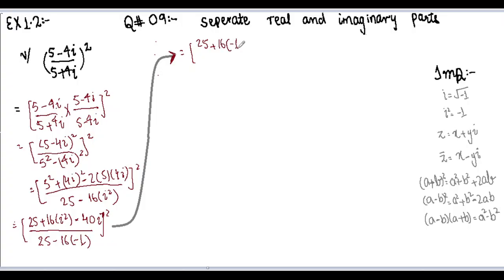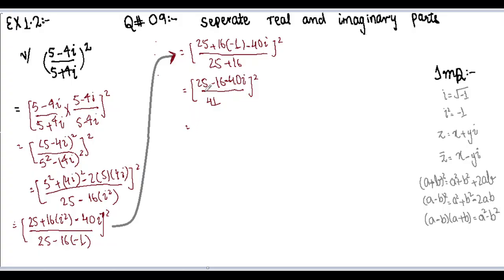Iota square gives us minus 1 minus 40 iota whole divided by 25 plus 16 whole square equals to 25 minus 16 minus 40 iota whole divided by 25 plus 16 gives us 41 whole square equals to 25 minus 16 minus 40 iota.